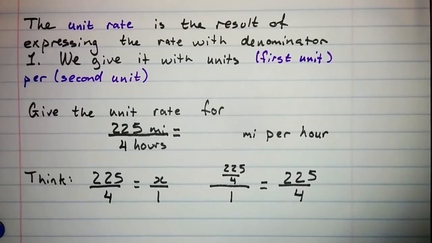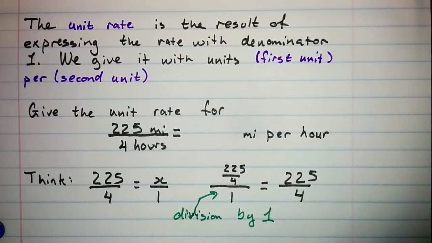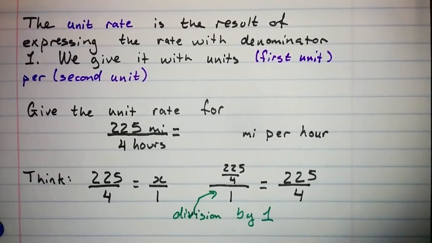We understand this as division by 1. And we know that dividing by 1 doesn't do anything. So if we rewrite our fraction with denominator 1, the numerator is going to be just this fraction.